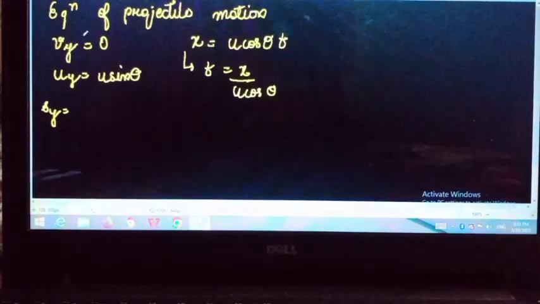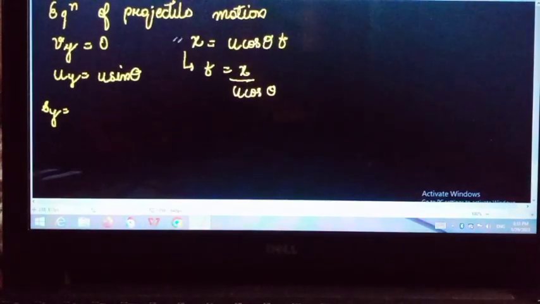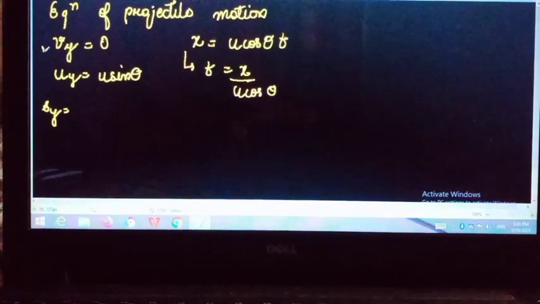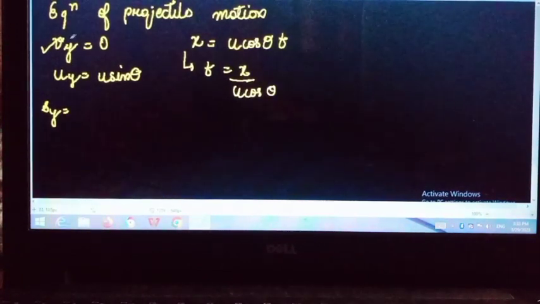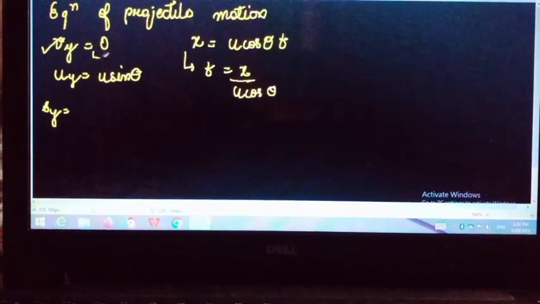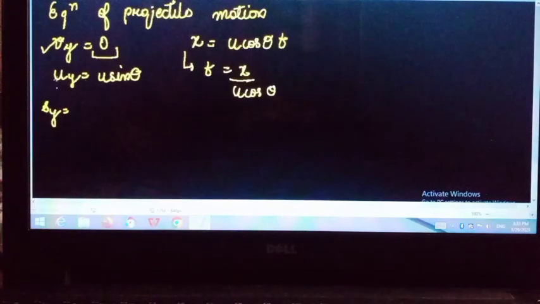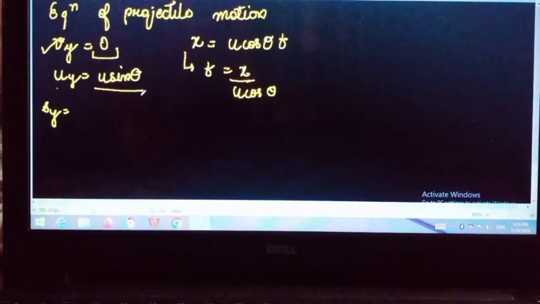So let's first obtain the equation of projectile motion. We have the velocity of the projectile on the y-axis, which is the final velocity, which is 0, and the initial velocity of the projectile on the y-axis is u sin theta.